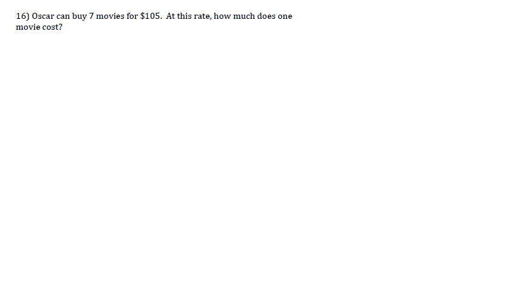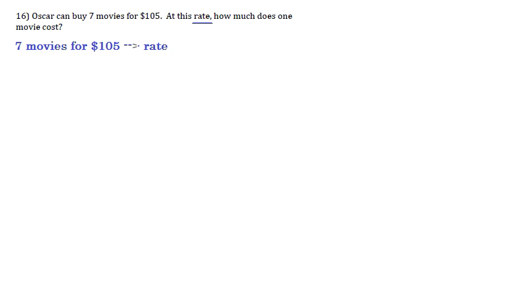Number 16 on your review says, Oscar can buy 7 movies for $105. At this rate, how much does 1 movie cost? So if you notice in there, we have the word rate. The rate we're given is the 7 movies for $105.